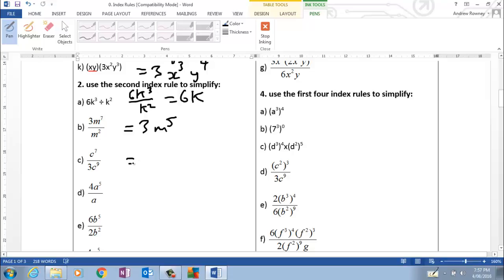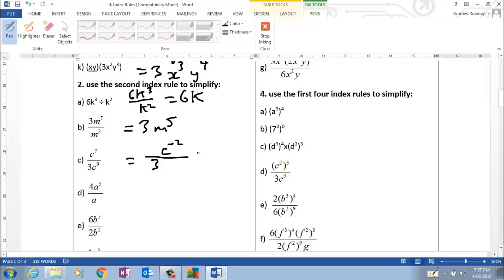This one here, notice the 3 is on the bottom, so we don't want to put the 3 up the top. We keep the 3 on the bottom, or we could call it a third, and we do the c's. Now we could write this as c, 7 take 9 is minus 2. So we have the line there, we do 7 take 9 giving minus 2, and the 3 still sits on the bottom.